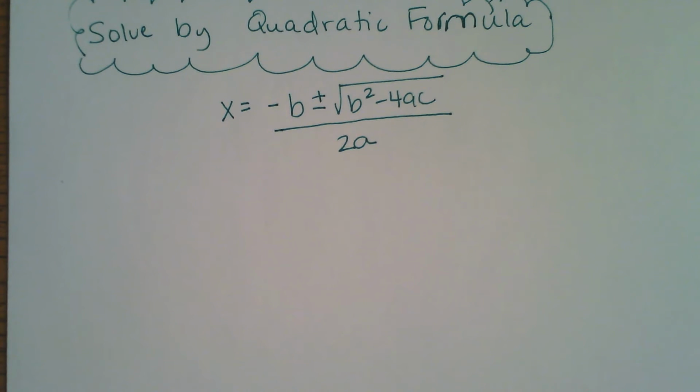I learned it with a tune: negative b plus or minus square root b squared minus 4ac, all over 2a. I will remember that formula when I'm 99, if I ever make it to 99.